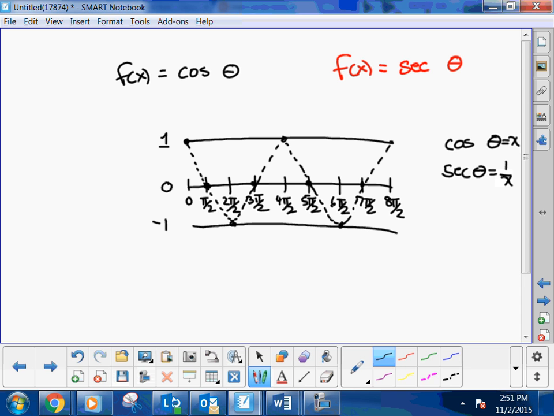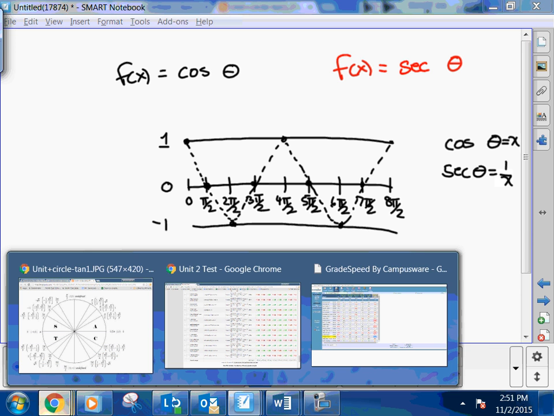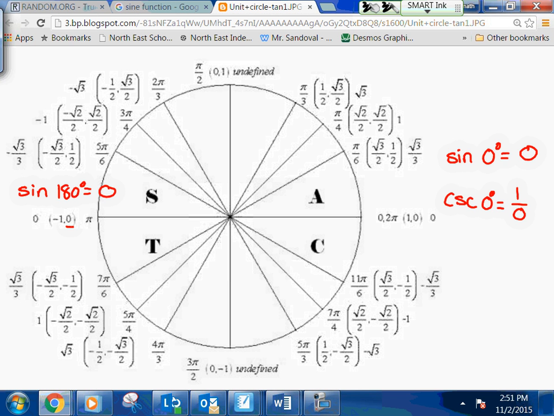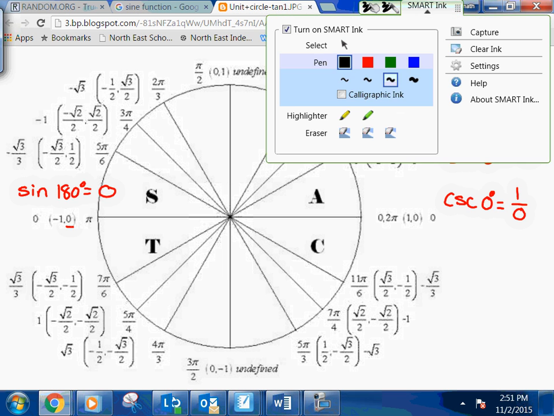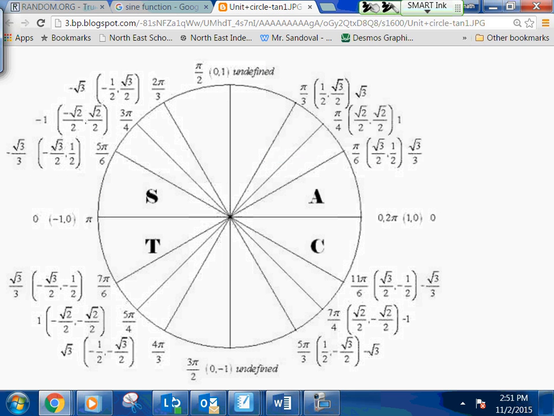If I ask you to give me the answer for cosine of pi over 2, most of y'all will tell me it's the value 0, which is this one. So when I try to find the secant of pi over 2, I'm going to actually get 1 over 0.